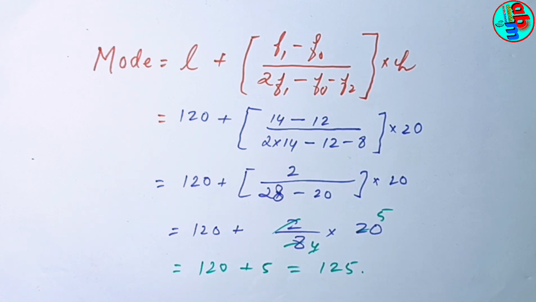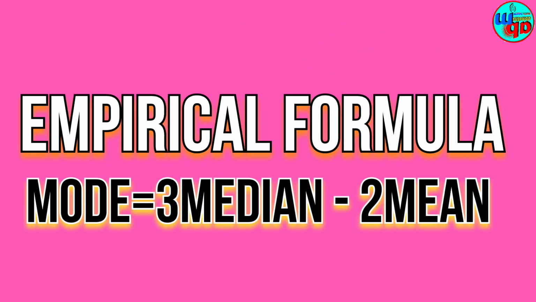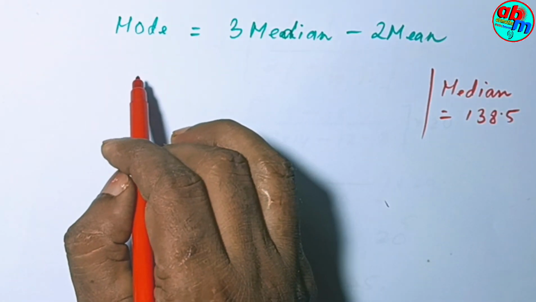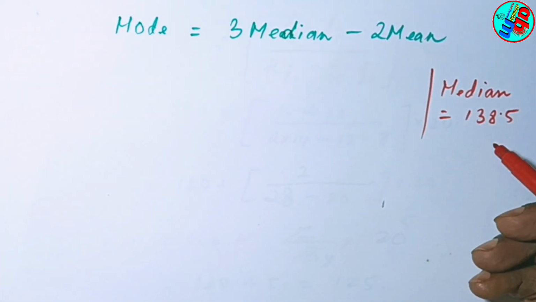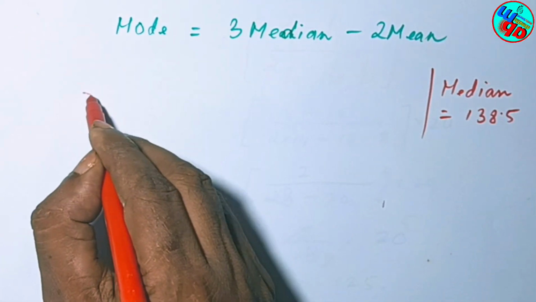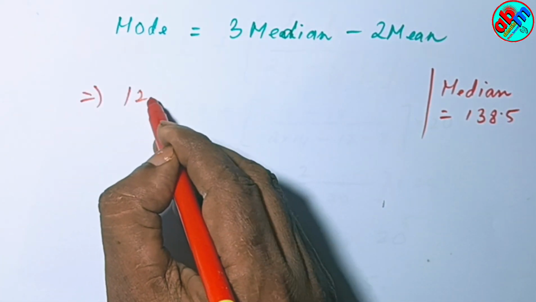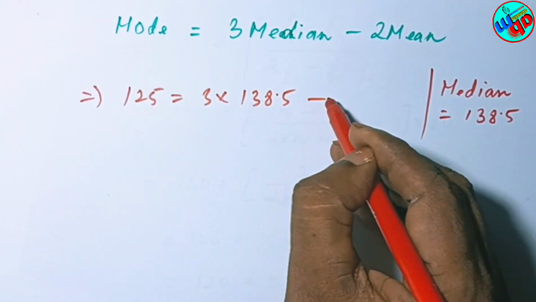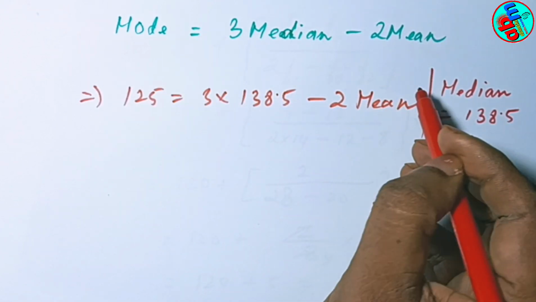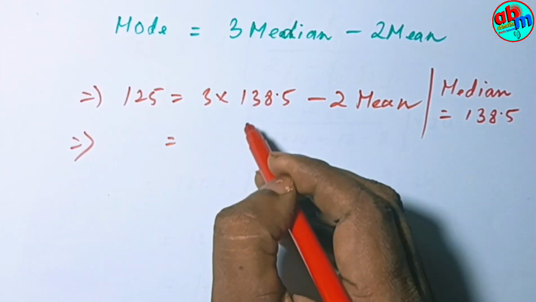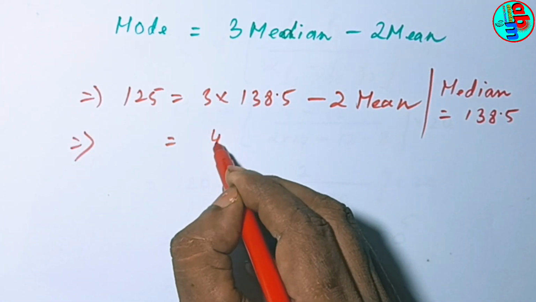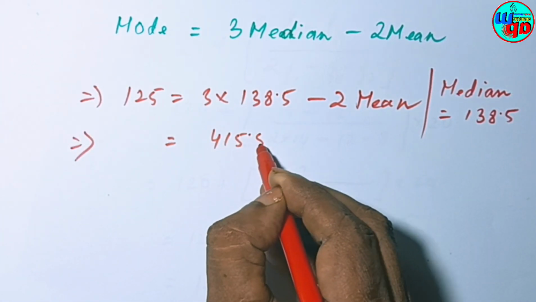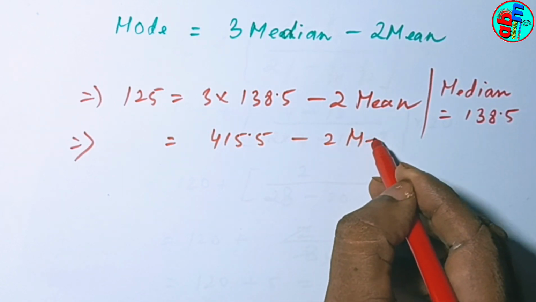So now let us calculate the mean with the empirical formula. The empirical formula here is mode equal to 3 median minus 2 mean. Since the median is given as 138.5 and the mode we just calculated, which is 125. So 3 into 138.5, we have to calculate the mean. After multiplication, we have 415.5 minus 2 mean.